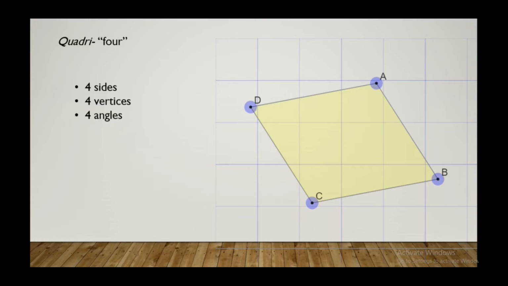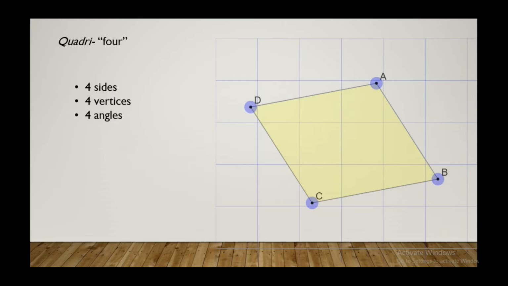You cannot name this particular figure as parallelogram ACDB, and you cannot also name this parallelogram as BDCA. You must start from a certain vertex and rotate in either clockwise or counterclockwise direction.